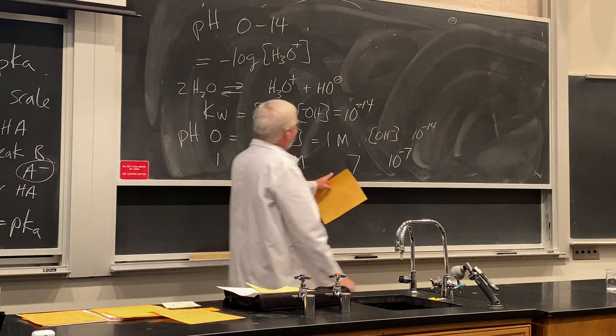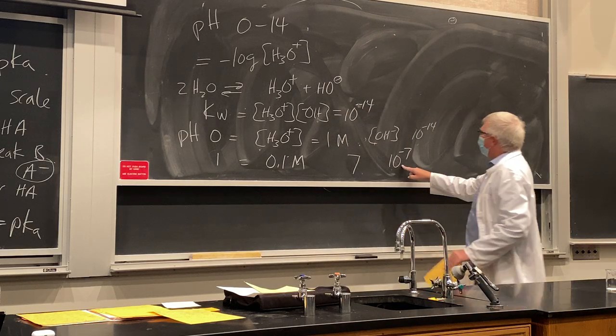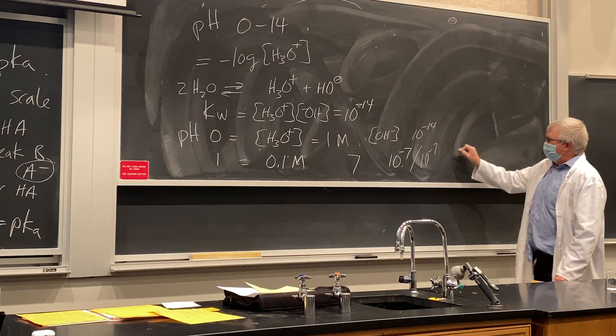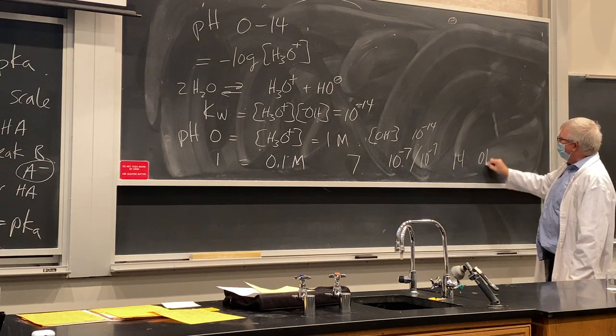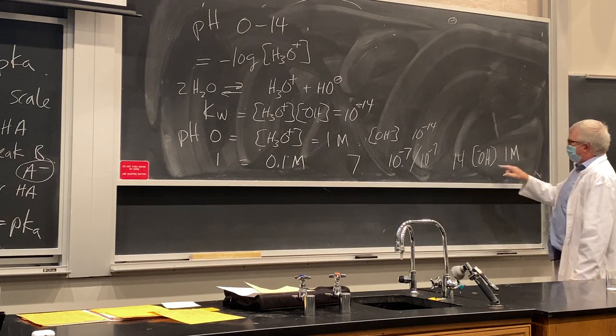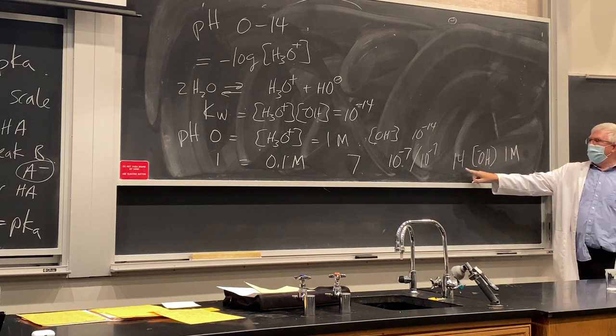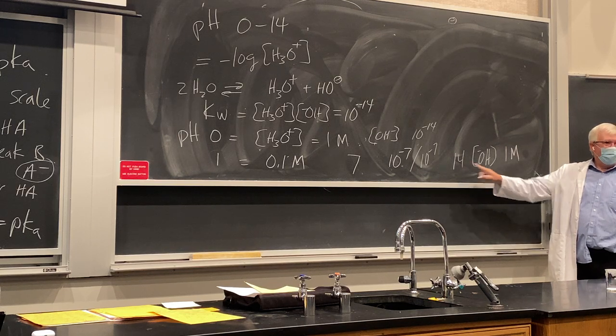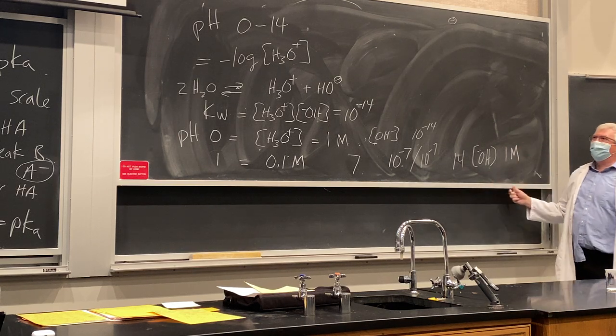And if you're at pH 7, hydronium is 10 to the minus 7, and hydroxide's also 10 to the minus 7, okay? And if you're at pH 14, what does that mean? That means hydroxide is what? 1 molar. And hydronium ion is what if you're at pH 14? It's 10 to the minus 14 to get that expression to always be there.